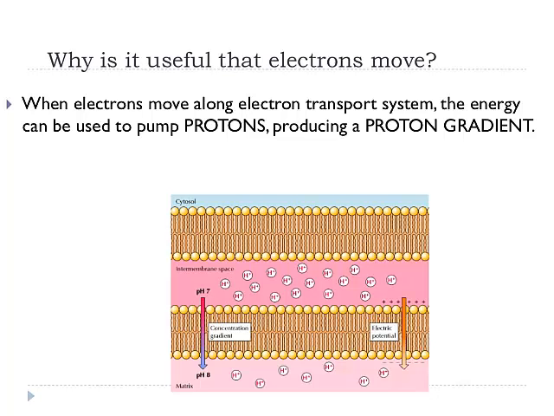So when electrons move along these 3 main steps of the electron transport system, a proton gradient is created. The gradient is both a concentration gradient that affects the pH.